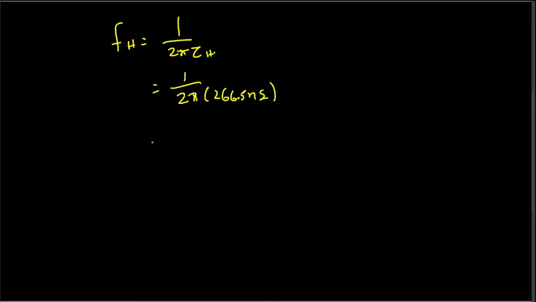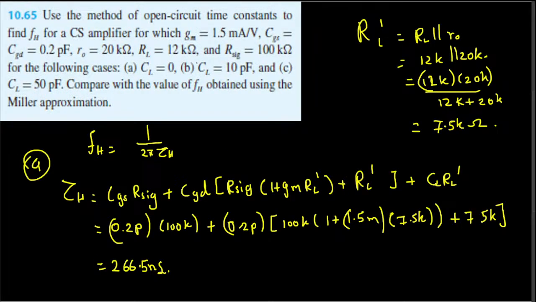And if you calculate this FH value, you will end up getting 597 kilohertz. Okay, that is the first case in the A part when CL is equal to 0.